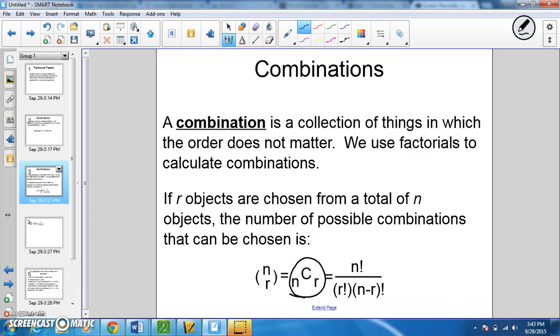We refer to nCr as n choosing r, and this can also be represented like so.